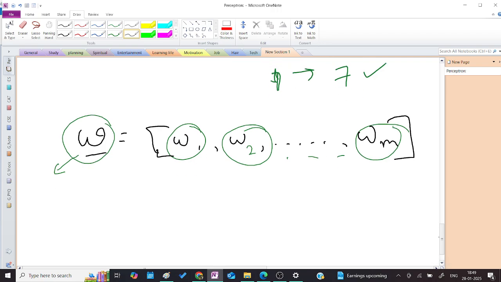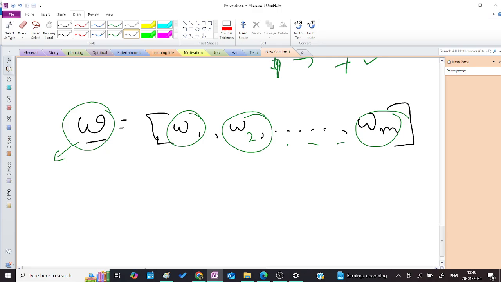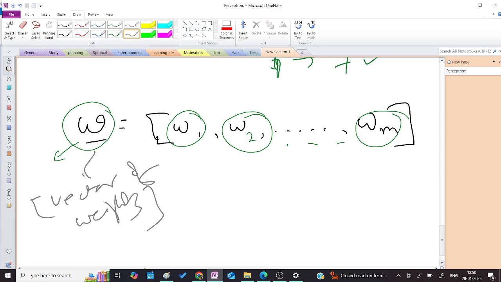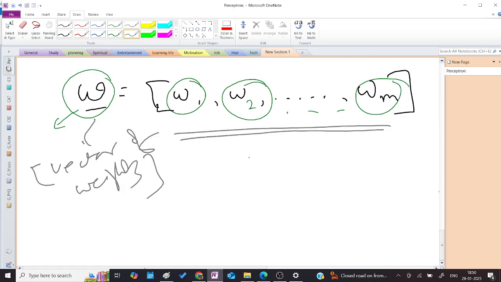So this w, we say it is a vector of weights. And to these weights we add one more constant weight b, that we say is a designated weight.